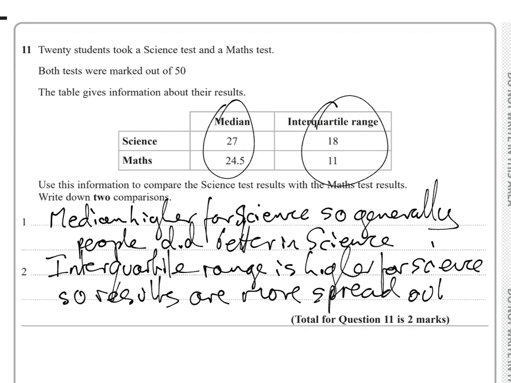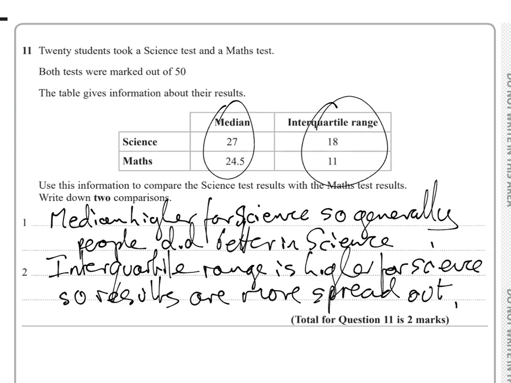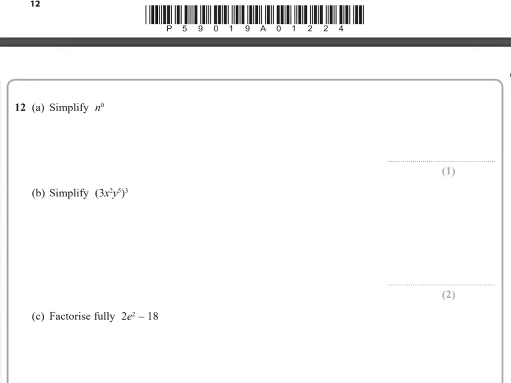There's more variation between the results, they're more spread out, a higher interquartile range. Okay. Technically it should say the middle 50%.